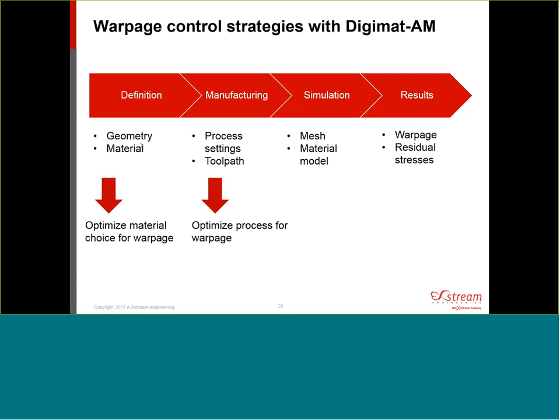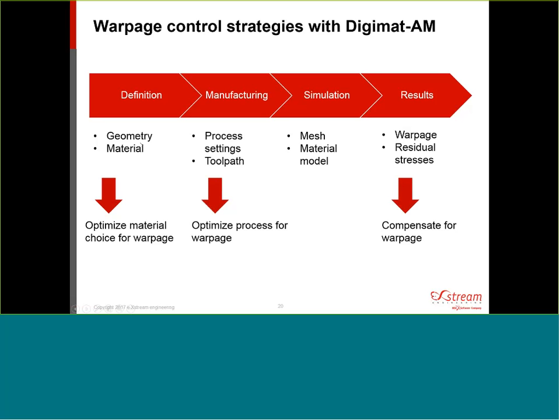and find the one that minimizes the warpage of the component. Okay. But one last one is also to have a look at what is the warpage that occurs with a given material and with given process settings, and use this simulation result to actually compensate the initial geometry, so that once you print a compensated geometry, you obtain a warped part, but which actually corresponds as much as possible to the design geometry.